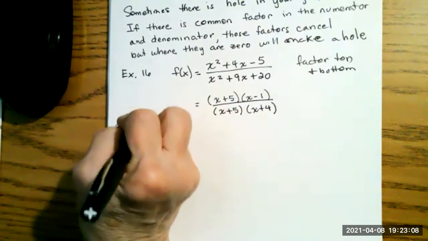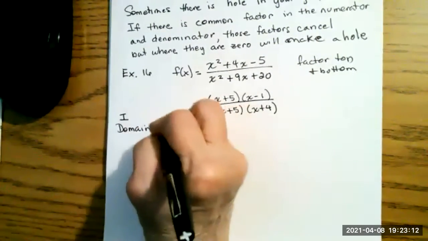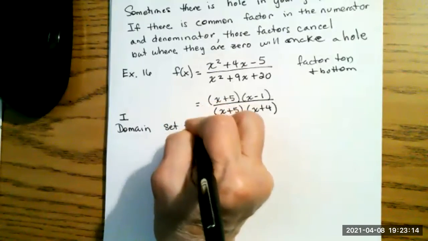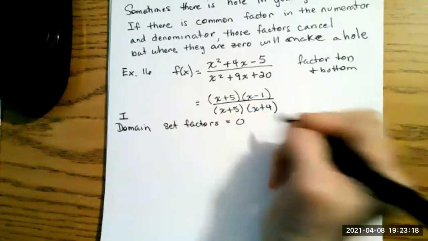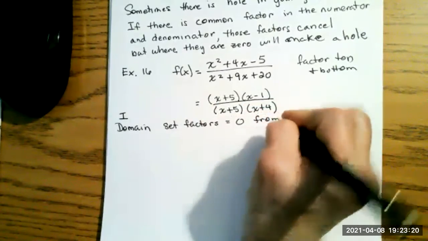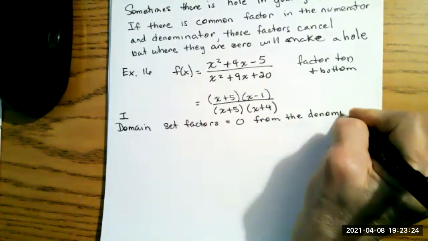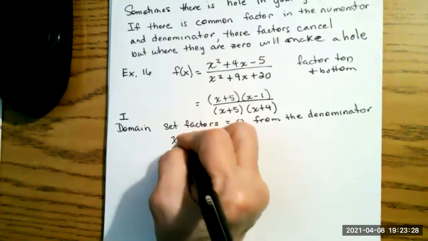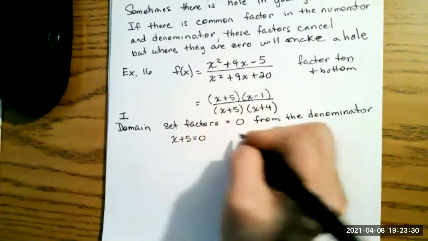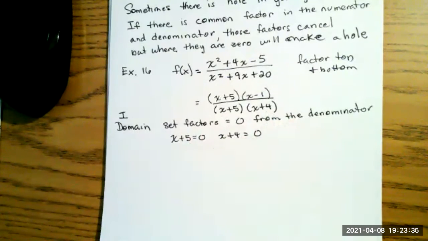To do the domain, which is the first step that you've got to do, you set the factors, both of them, equal to 0 from the denominator. So I have x plus 5 equals 0, and x plus 4 equals 0.